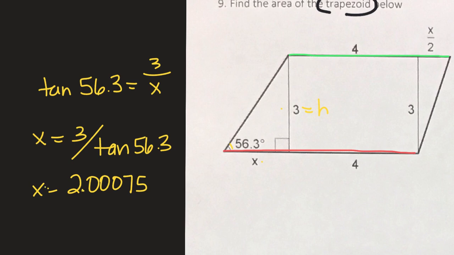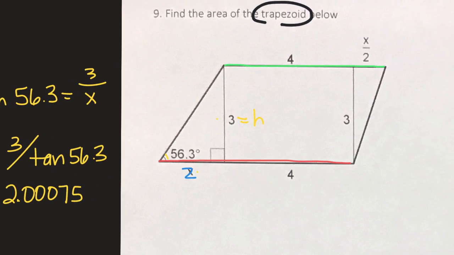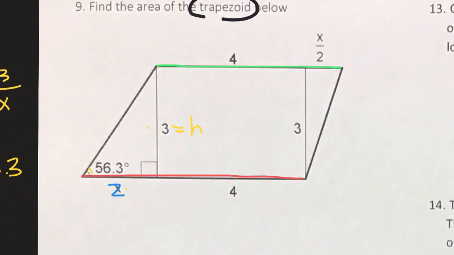And we get 2.00075, so basically 2. So if you showed me this on your test and you wrote down x equals 2.00075, but then you came in here as a 2, and how much is x divided by 2? That would be 1. 2 divided by 2 is 1.